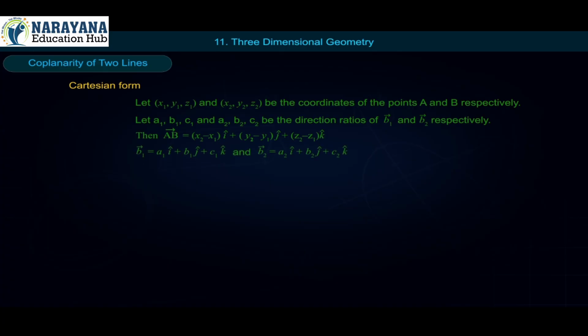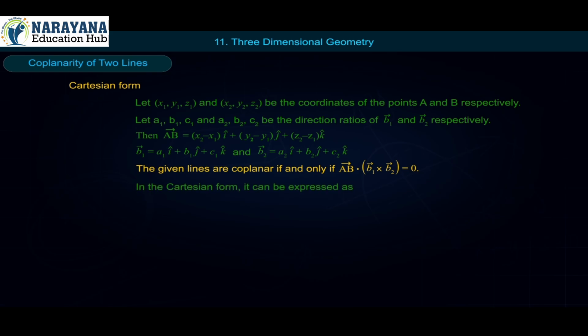Vector b1 is equal to a1 i cap plus b1 j cap plus c1 k cap, and vector b2 is equal to a2 i cap plus b2 j cap plus c2 k cap. The given lines are coplanar if and only if vector AB dot (vector b1 cross vector b2) is equal to 0. In the Cartesian form, it can be expressed as the determinant with rows (x2 minus x1, y2 minus y1, z2 minus z1), (a1, b1, c1), (a2, b2, c2) is equal to 0.